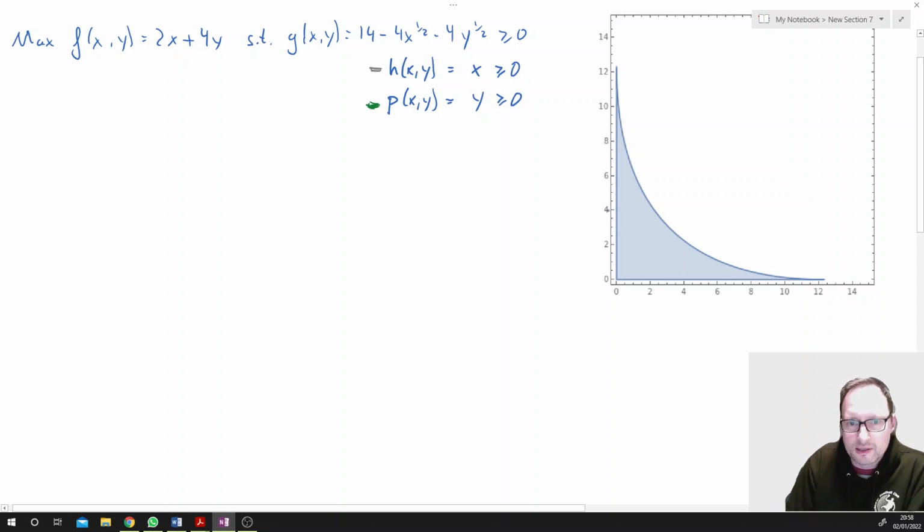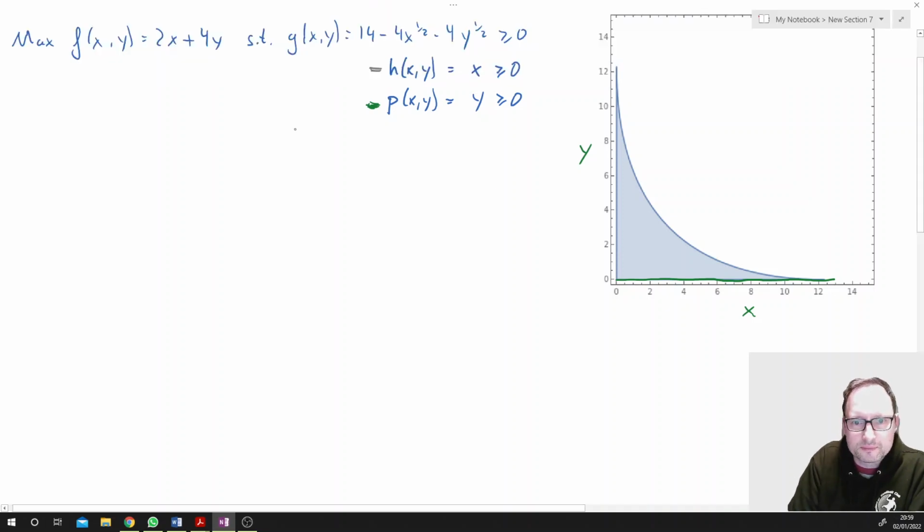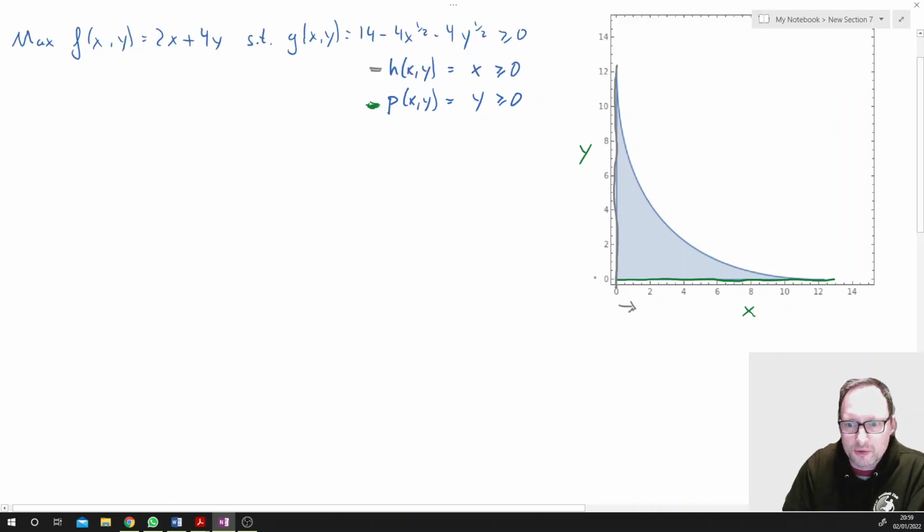So basically, y we have on the vertical axis, x on the horizontal axis, so that's really the constraint down here, and we need values on that line or larger than that line. Then we have the gray constraint, which is that x is larger or equal to 0. That means this is basically this line, this boundary, and we need values of x larger or equal to 0, so we need to go into this direction. And I forgot that arrow, the green one, so we need values up here.